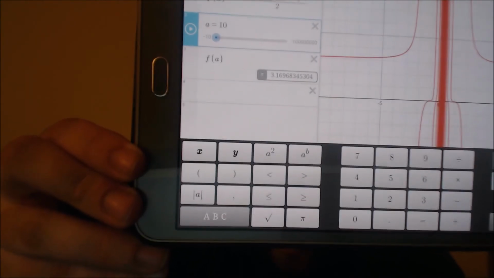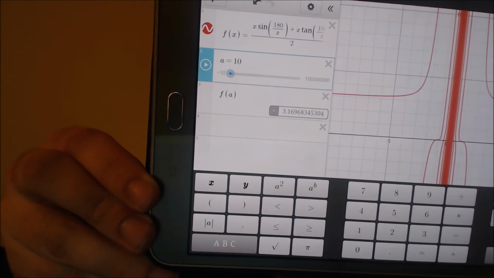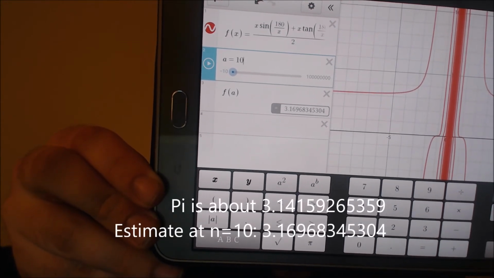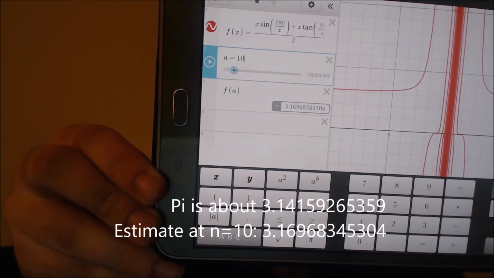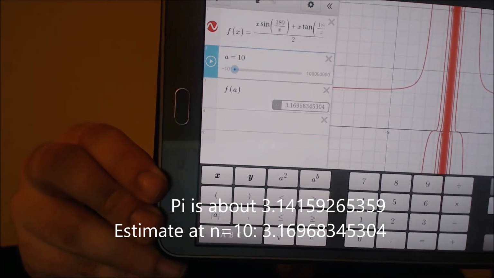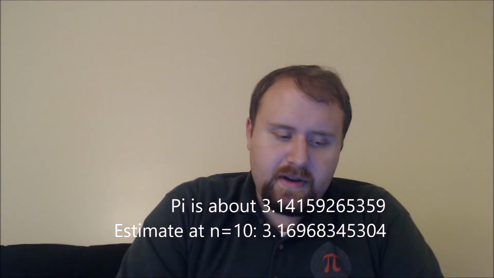Okay, so if we evaluate our function at 10, we get an estimation that is 3.1696. Okay, well that's closer than 4. So let's try another one. Let's get it even crazier. How about 20? So a 20-sided polygon.